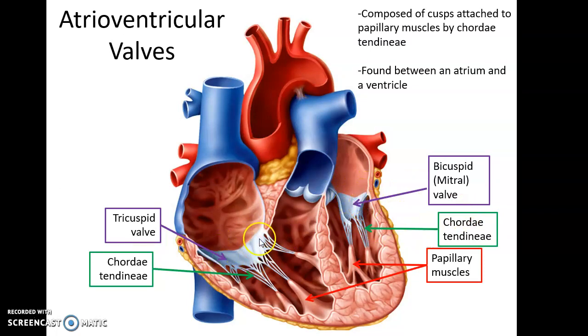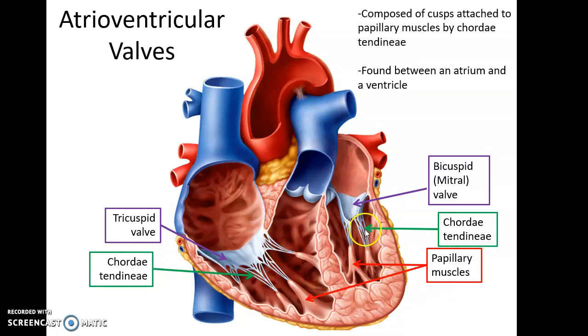Then we have the atrioventricular valves, the tricuspid valve and bicuspid valve. Tricuspid valve has three little leaflets or cusps. The bicuspid valve has two little leaflets or cusps. And the leaflets are attached to the papillary muscles on the walls of the ventricles via these string-like structures called the chordae tendineae.